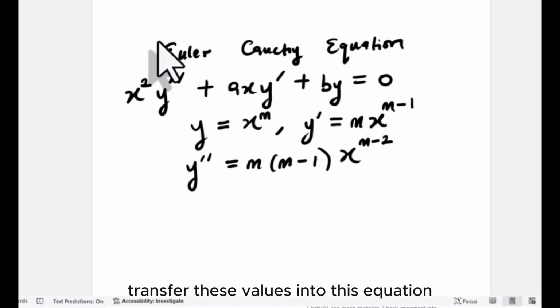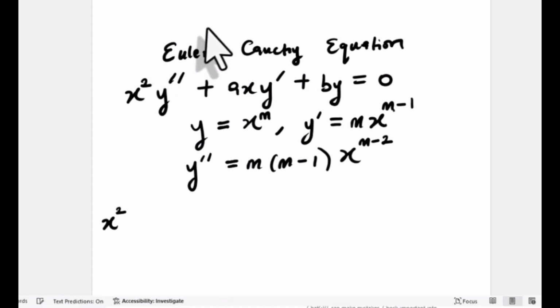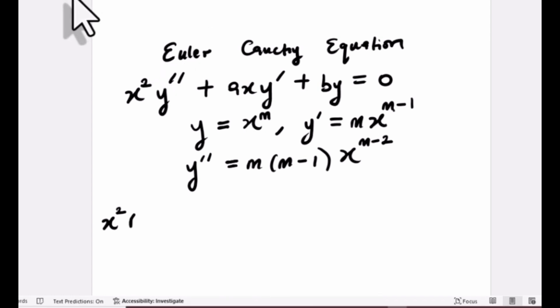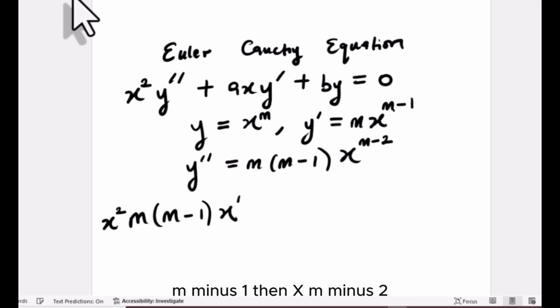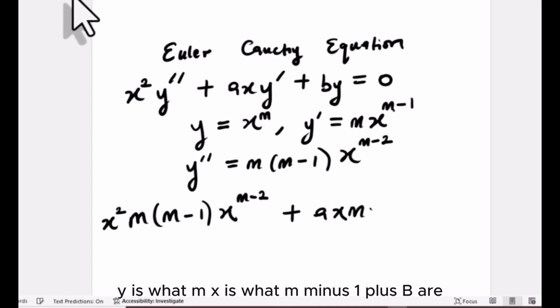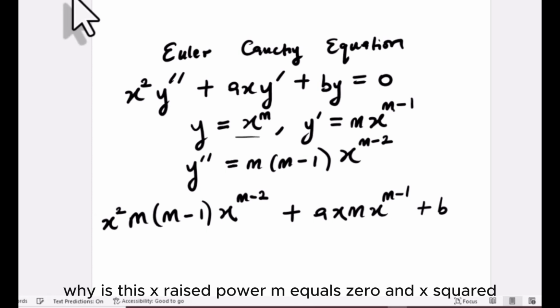You can transfer these values into this equation. Then you have x squared m minus 1 x raised to m minus 2, plus a x, what's our y prime, m x raised to m minus 1, plus b, our y is x raised to power m, equals 0.